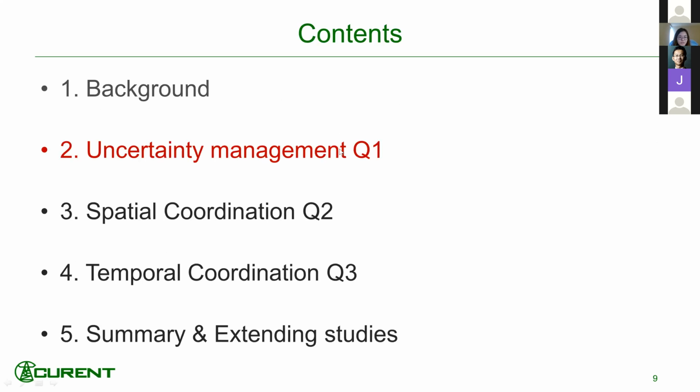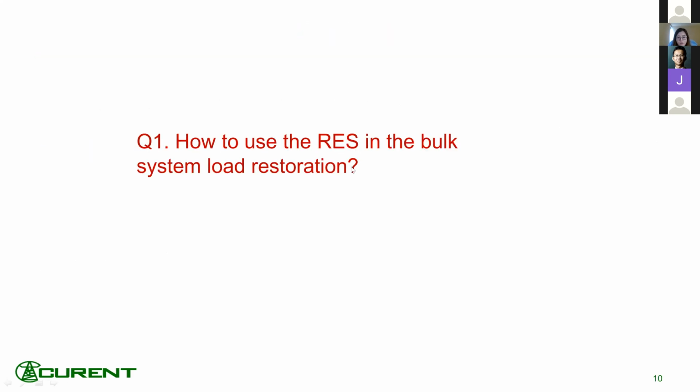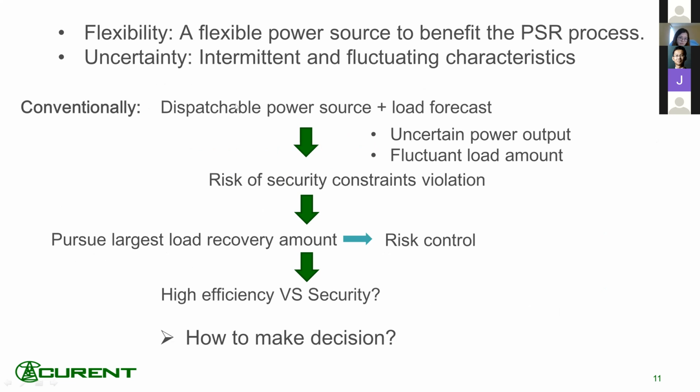Okay, so here we go to the first problem: how to use the RES in the bulk system load restoration. As we all know, the RES, such as wind power and PVs, have the characteristics of flexibility and uncertainty.